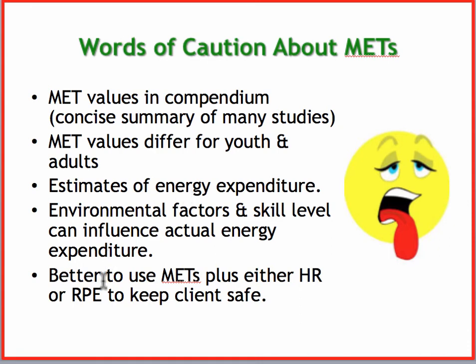So it's good to use METs, but also use heart rate and/or relative perceived exertion. You don't want to just send your person off and say, you must exercise at this MET. You want to give them more tools like heart rate and RPE to monitor their exercise intensity.